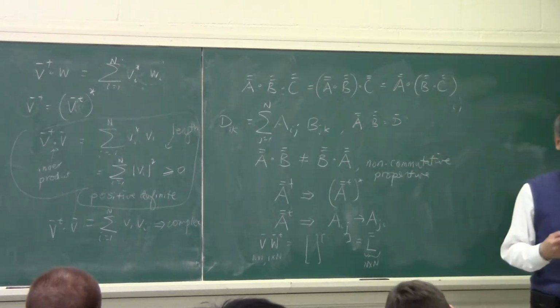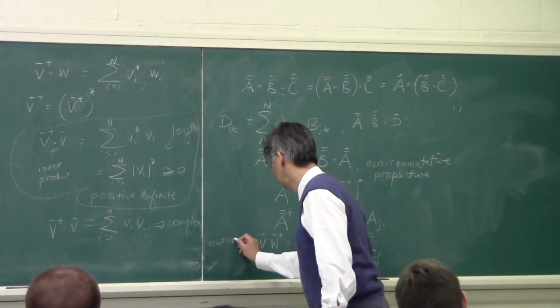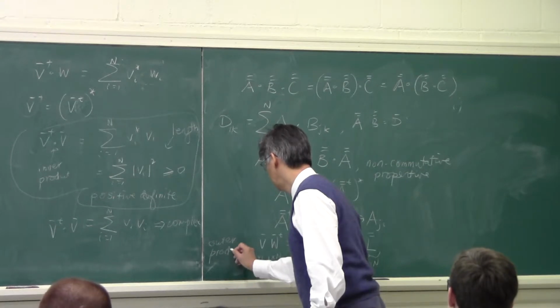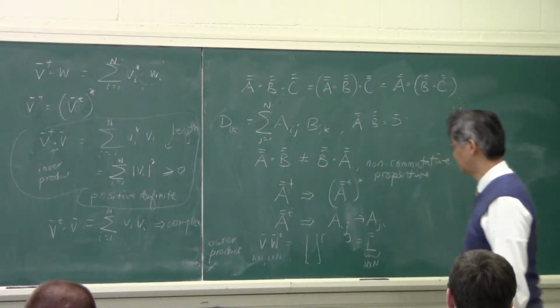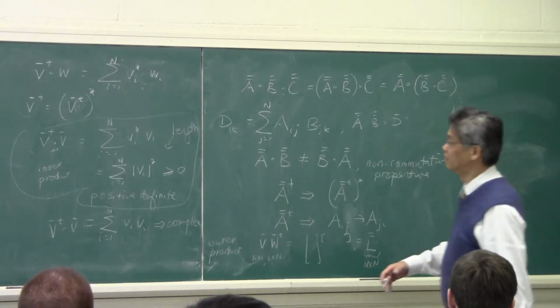So if you do an outer product, you get a matrix. If you do an inner product, you get a scalar.